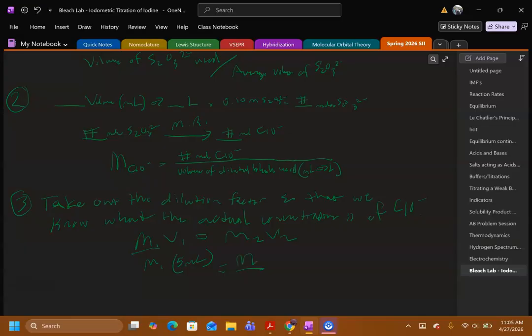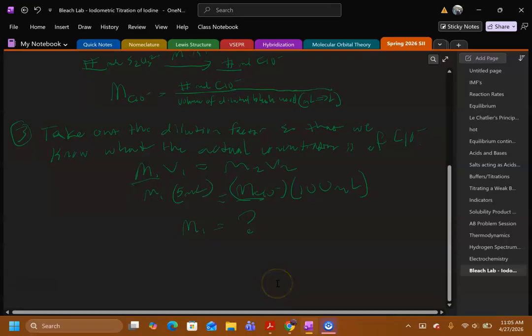So this is the molarity of the ClO minus, and then we know we made it into a 100 milliliter solution because we used that 100 mL volumetric flask. So what we're going to do is solve for M1. Just rearrange that and solve for M1, but make sure you use the molarity of the hypochlorite that you calculated from above.